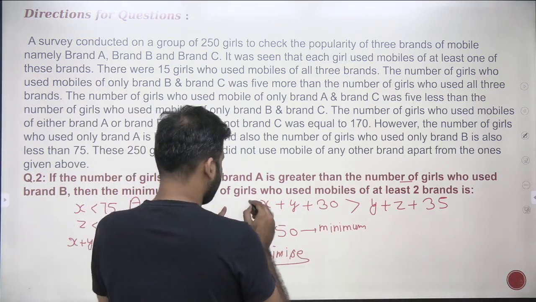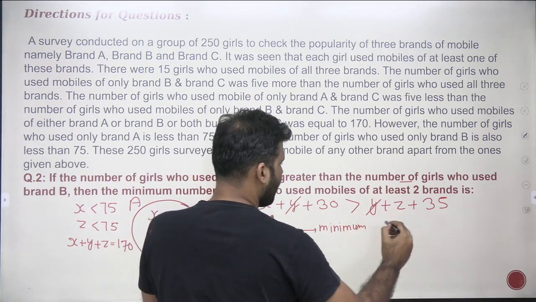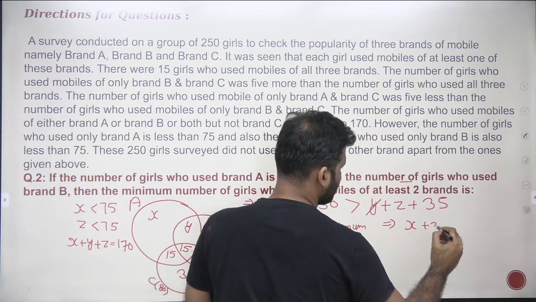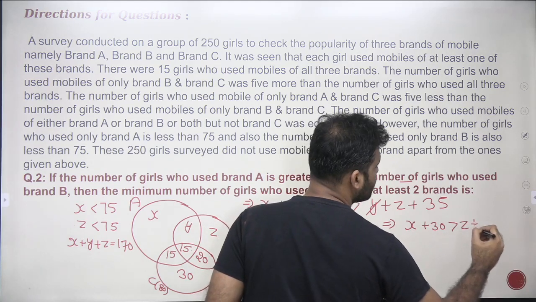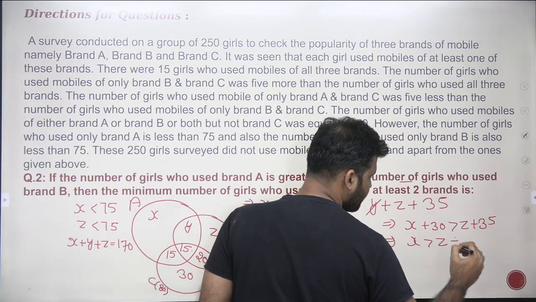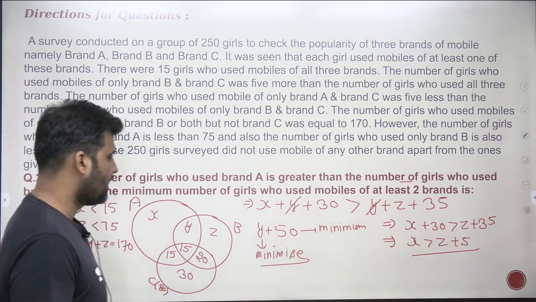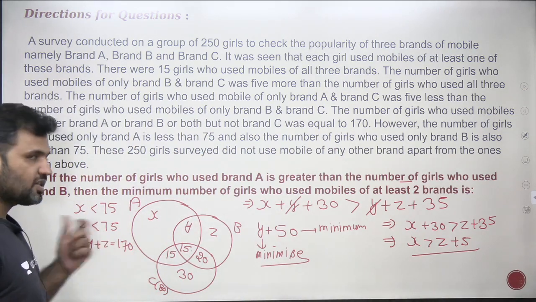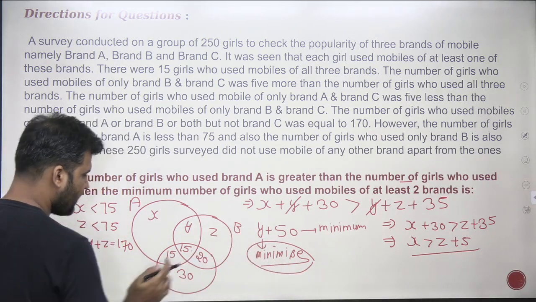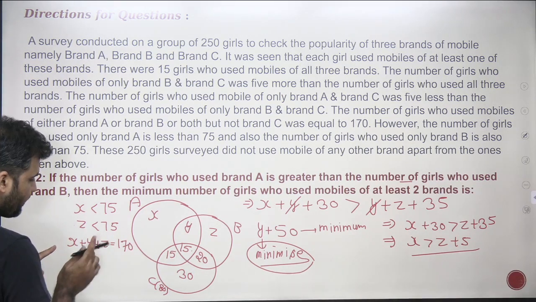If I further solve this, Y on both sides gets cancelled and the resultant equation is X plus 30 should be greater than Z plus 35, or X would be greater than Z plus 5. Now X has to be greater than Z plus 5 and X plus Y plus Z is 170. I need to minimize the value of Z. If I want to minimize the value of Y, and the value of X plus Y plus Z is a constant value.